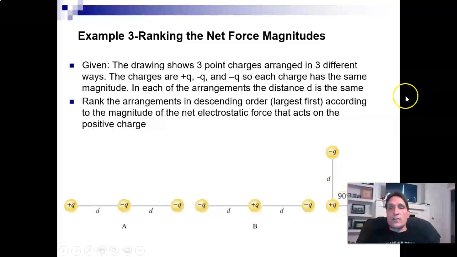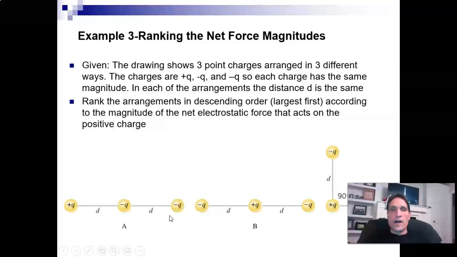So my guess is that since the separation between the positive charge and either of these is the same distance d, whereas in A the separation from the first charge is d but from the second charge is 2d, the attractive force in C is going to be larger than in A. So let's solve it mathematically.